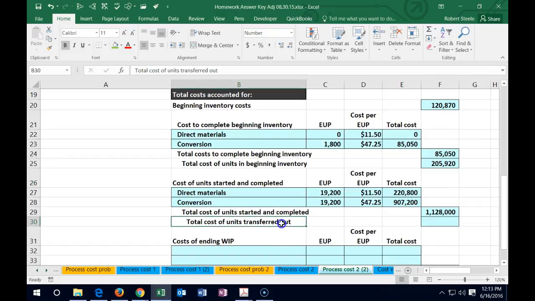Then we have this subtotal down here, total cost of units transferred out, meaning they're going out from the department we are looking at, department A, going to department B, kind of like if we were producing something and then it goes out of the production department to the packaging department.